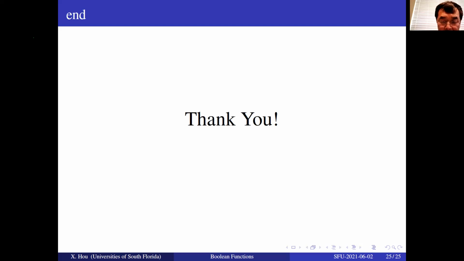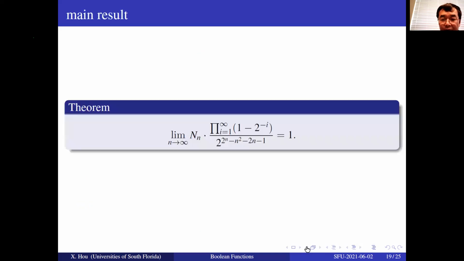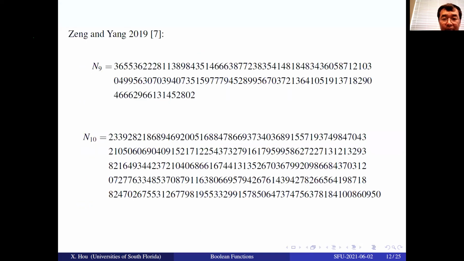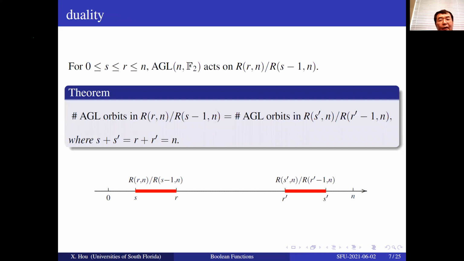Yeah. Well, I don't know whether this answers your question or not. Maybe at least it's relevant. Let me bring my slides up here. So here you see that the affine linear group acts on the quotient space of Reed-Muller codes. People can look at different quotients, and people can still talk about orbits.